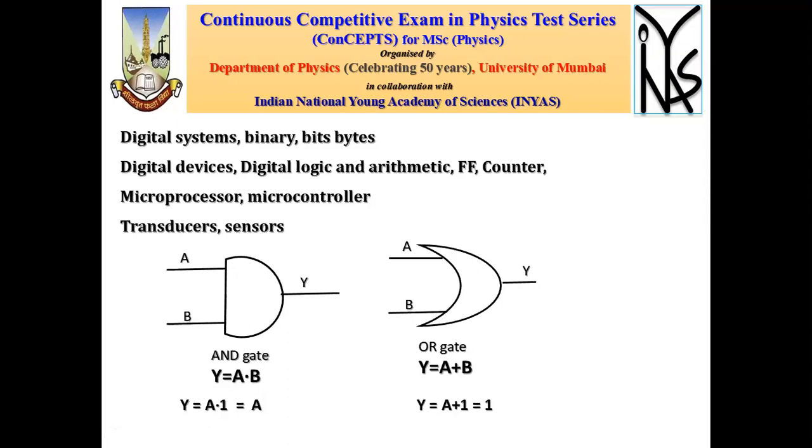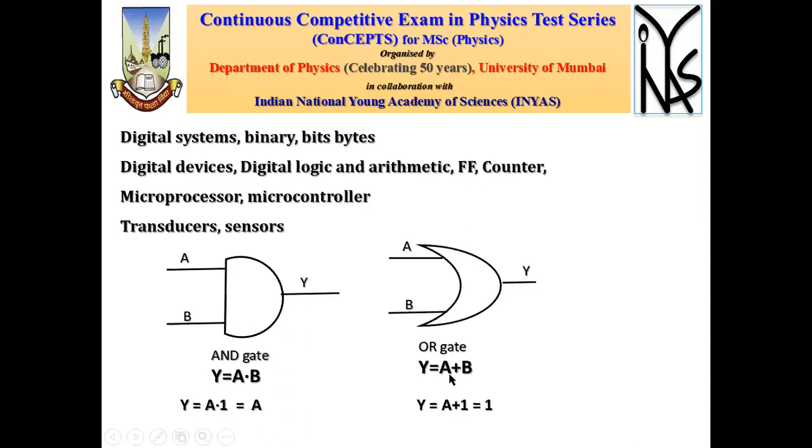So the AND gate is more sensitive to the lower inputs. That is what we have to remember, and that's why I have written Y is equal to A dot 1, which gives you A only. So A can be 0 or 1, the minimum value, so it will jump to the lower level. So it is only 1 when both the inputs are high. That is the significance of the AND gate.